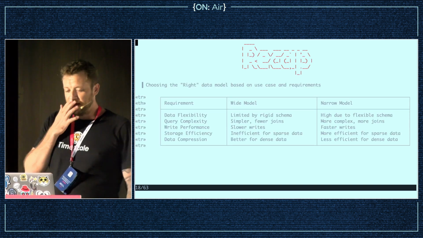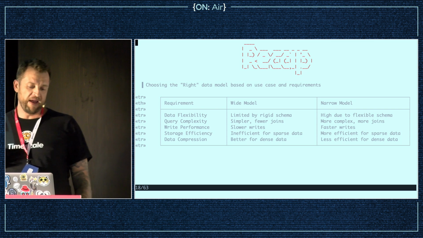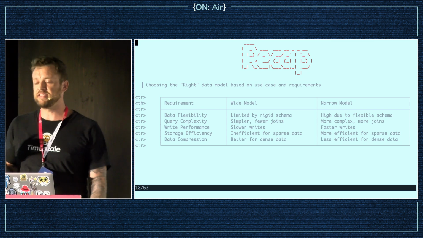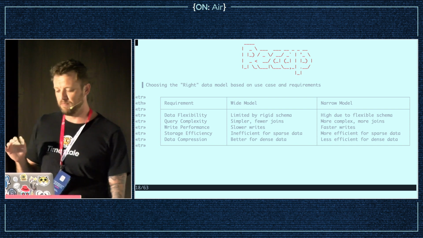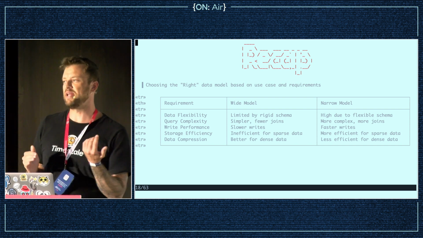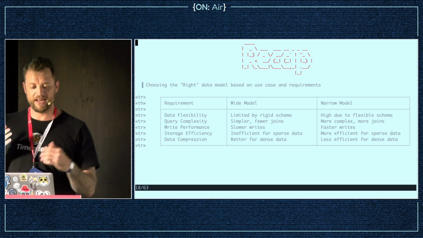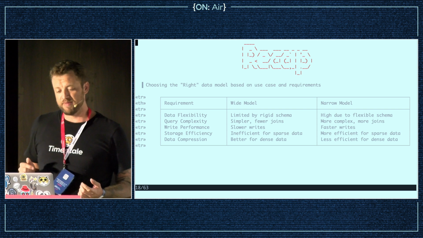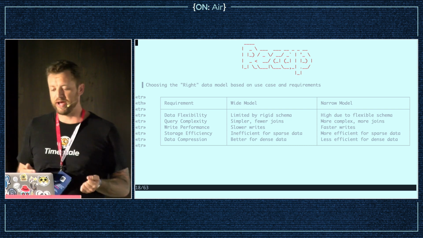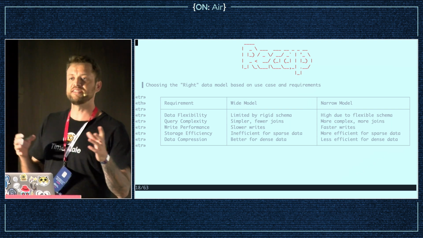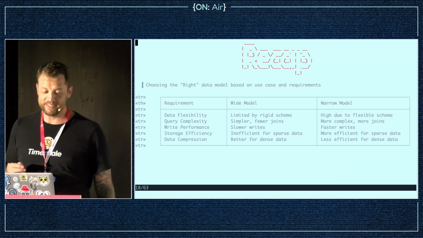And then if you think about the data flexibility in the wide model, it's limited, right? You don't have that flexibility. You need to find new ways, and maybe it will be just better for querying, right? And for querying a complex system, it will be hard, right?